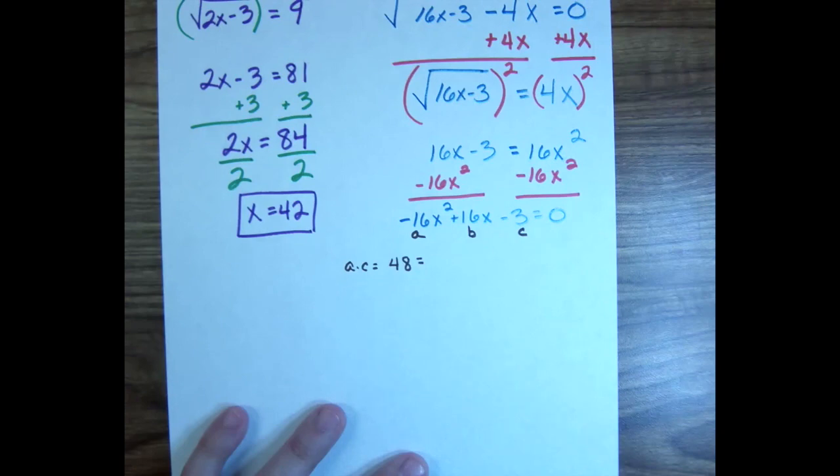8 times 6 is 48, but 8 plus 6 is only 14.